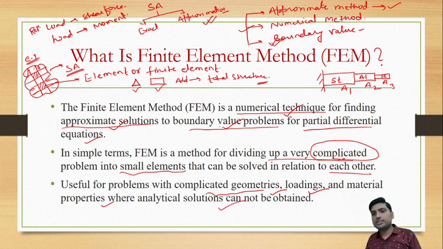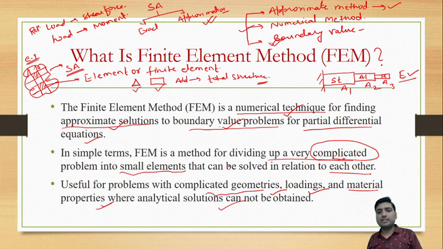So area of the structure element is also changing, as well as the property is also changing, because if a steel, aluminium and iron, if you will see, then obviously the E value, Young's modulus of these three elements will be different. So here what is happening, the material property is changing.